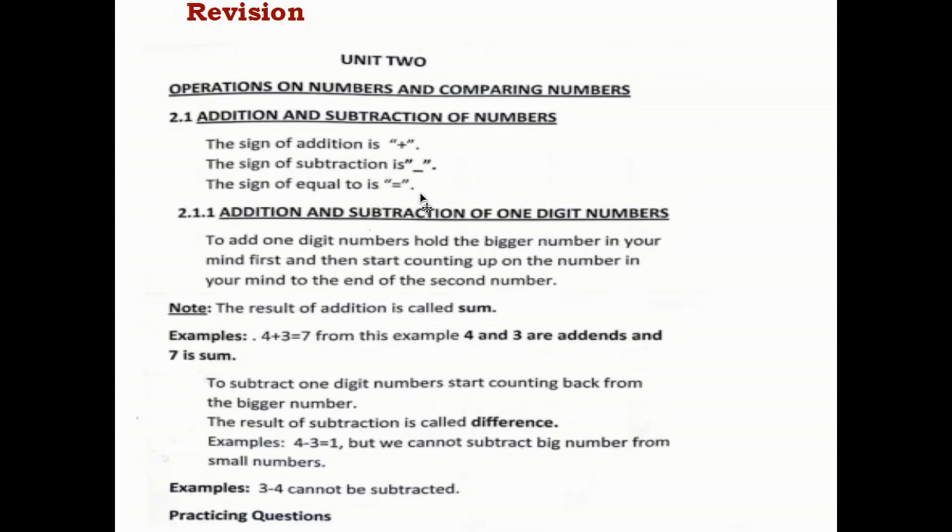We also applied these operations on different objects: animals, plants, vegetables and fruits. We saw the technique that when we add two numbers, we hold the bigger one in our mind and count to the end of the smaller number. The two numbers being added are called addends, and the result is called the sum.